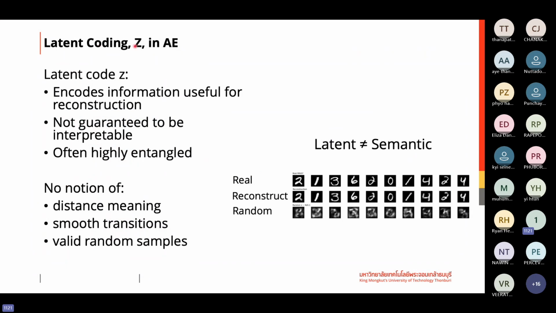Okay, so the latent coding Z that is learned in autoencoders has certain properties. It encodes useful information for the reconstruction. You can see that it can produce a quite accurate generated image that is close to the original. However, it currently isn't interpretable, and the representation is often entangled.